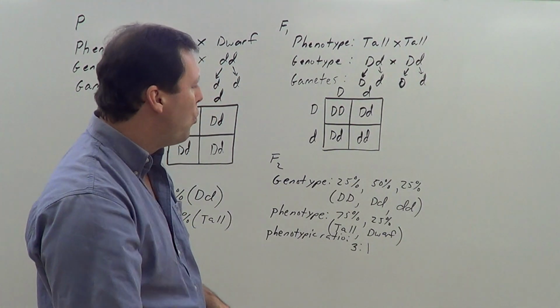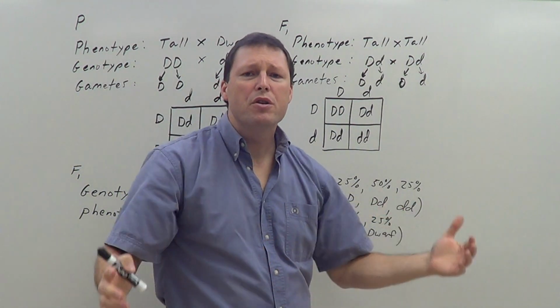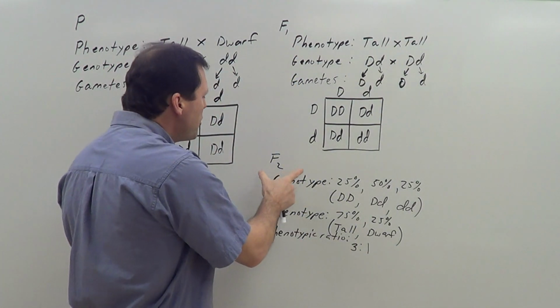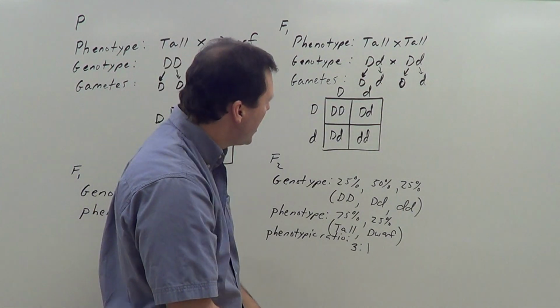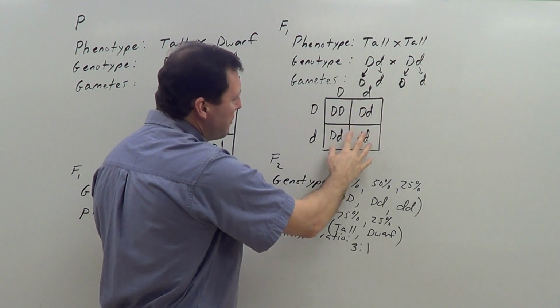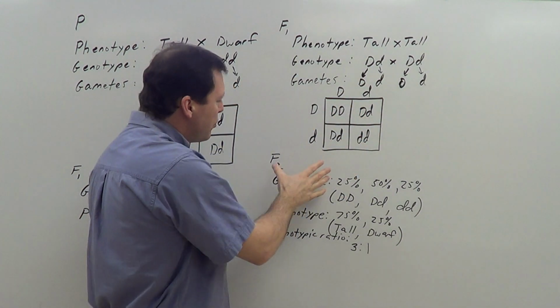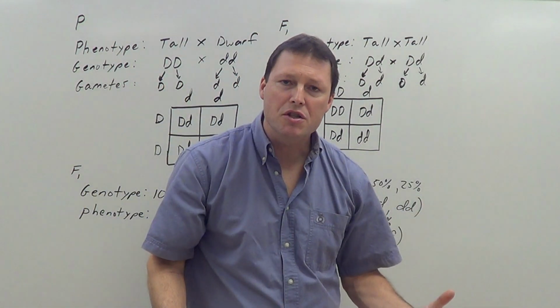Finally, I could take this one more step further. And I could say, what if I produced 100 offspring? What if 100 F2 offspring were produced? Again, this doesn't mean that I produced 4 offspring here. These are just the different combinations that could be produced. Let's assume that I produced 100 F2 offspring, 100 seeds.